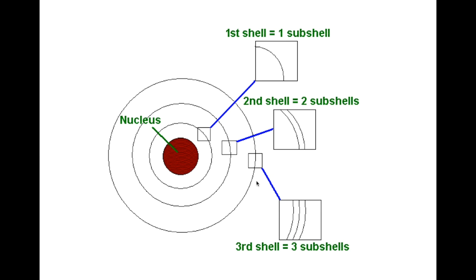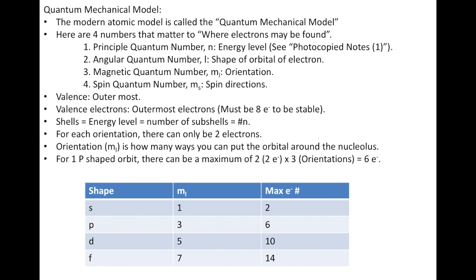It has to have 8 electrons on this shell. It doesn't matter how many electrons you have below, or you can have 8, or you can abandon the outer shell completely, and then the inner shells will have electrons. So this is called the octet rule. This is just a rule for elements to be stable.